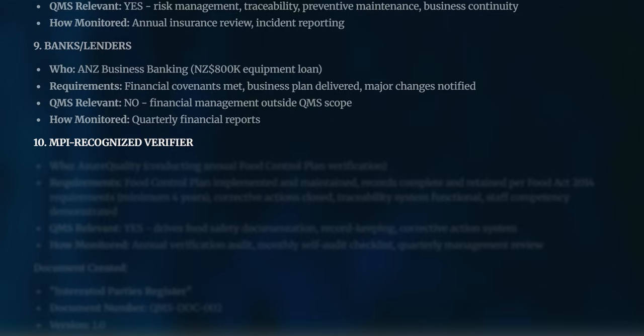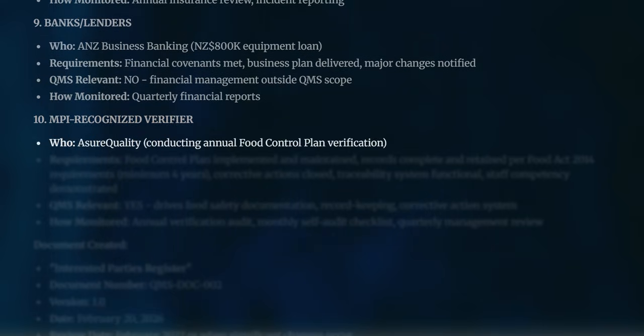The tenth interested party, our exemplar company listed, is the MPI recognized verifier. In your local operations, you have verifiers that are recognized by your jurisdiction or by your regulations, and you can list them down too. Those who come to conduct the inspection on behalf of your regulatory body. So who is the MPI recognized verifier for our exemplar company? It is AssureQuality, who is conducting annual food control plan verification.